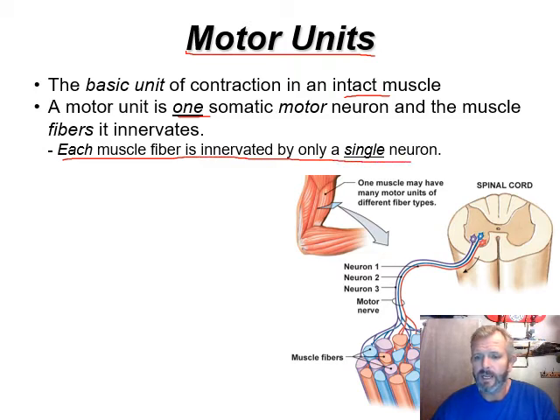So in this diagram, these purple muscle fibers here are only innervated by this purple motor neuron. The purple muscle fibers will not also be innervated by the blue one. The muscle fibers are only innervated by one motor neuron.